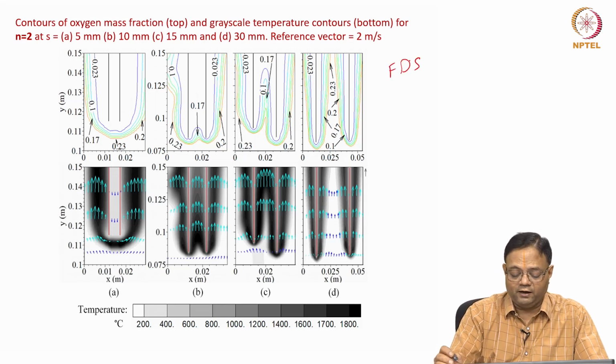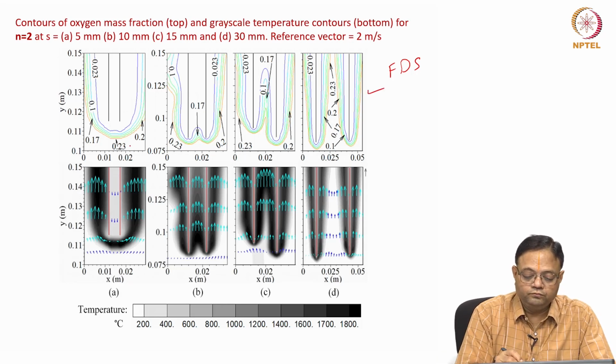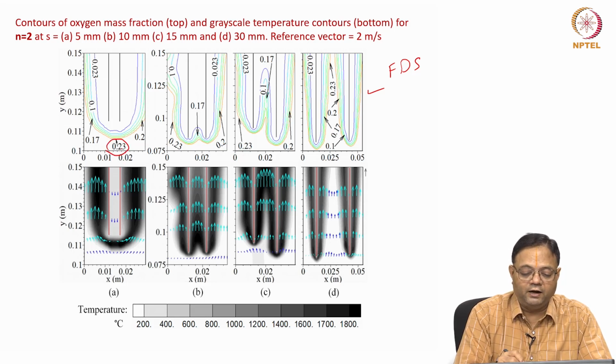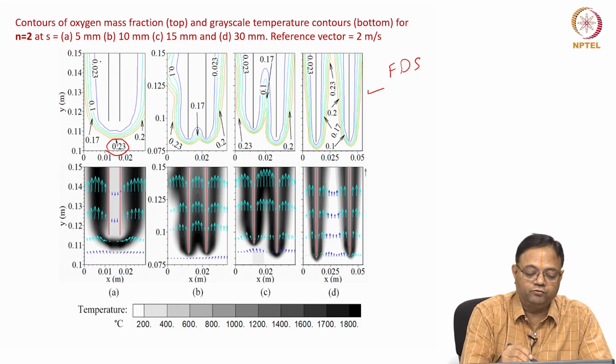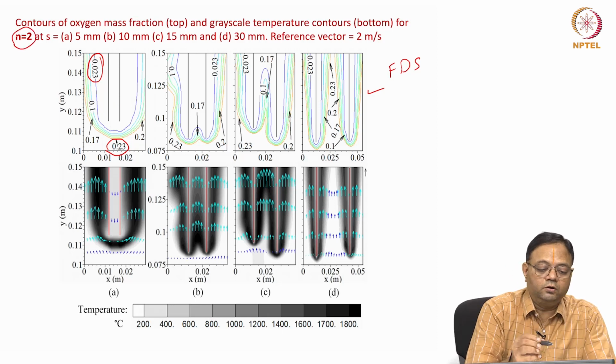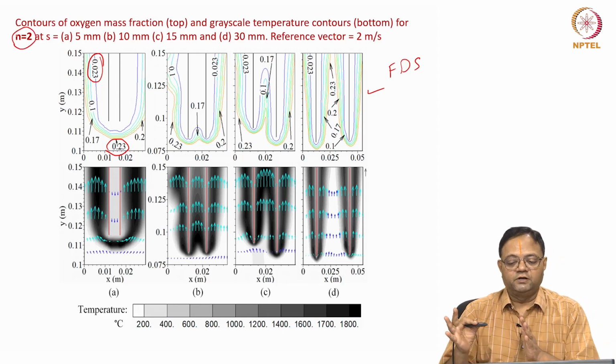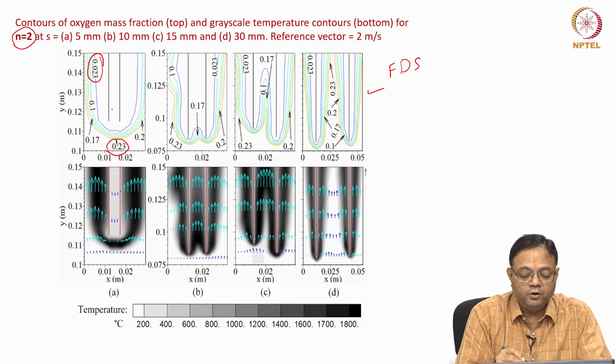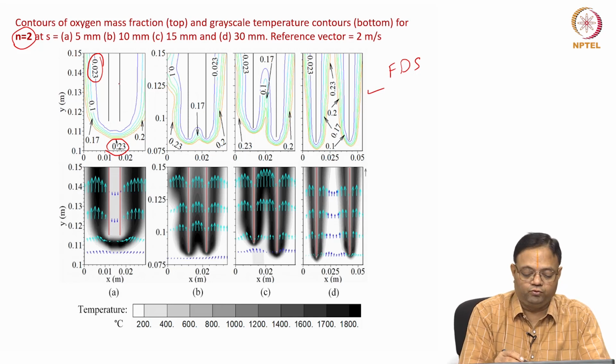You can see clearly that these are the oxygen contours. So, oxygen at the ambient has a mass fraction of 0.23, and in the flame it decreases, say by 1 order of magnitude. So, this is the flame zone, we can say. In the case of two sheets kept at different separation distances, you can see that the low separation distance of 5 mm case does not have any oxygen penetration between these two sheets.